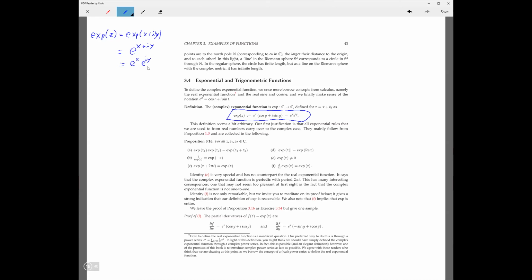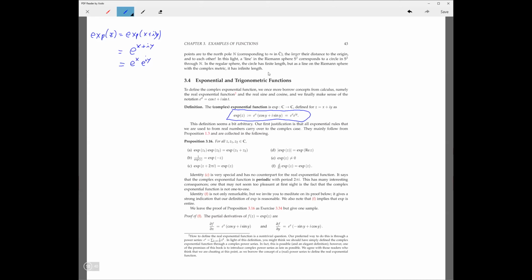Which, if you're looking at the laws of exponents, e to the x plus iy is equal to e to the x times e to the iy. That seems to be what makes sense with the laws of exponents. But they don't want to go that route, so they call it exp, just to avoid saying that it's e raised to something like this.